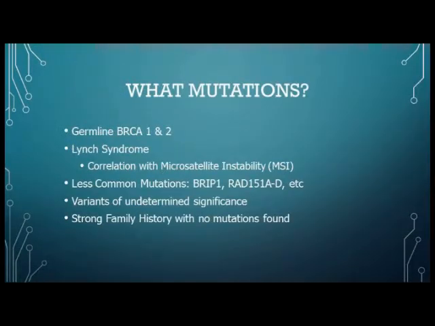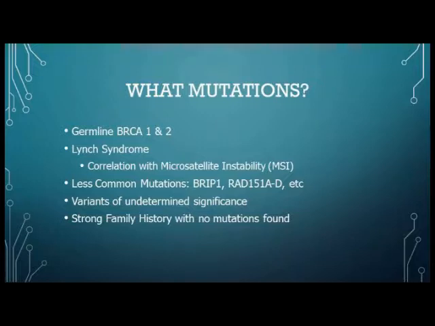So I'm going to talk about BRCA1 and 2, and the heavy hitter everyone thinks of, Lynch syndrome, and how that correlates with microsatellite instability, which is a big buzzword right now in oncology with immunotherapy. Then we're going to talk about some less common mutations such as BRIP1 and RAD51.